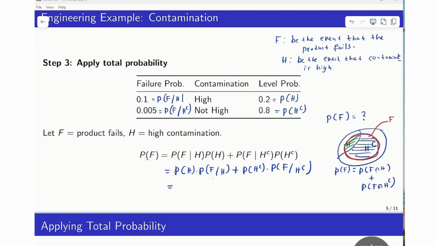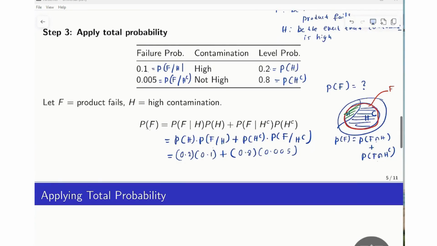The probability of H is 0.2 and the probability of F given H is 0.1, plus the probability of H complement is 0.8 times 0.005. So then we can find this value.